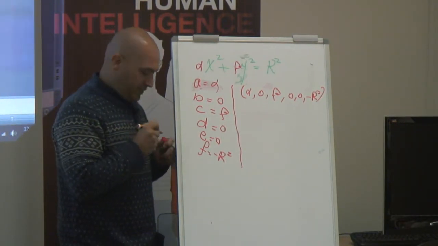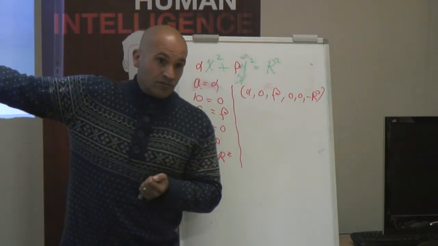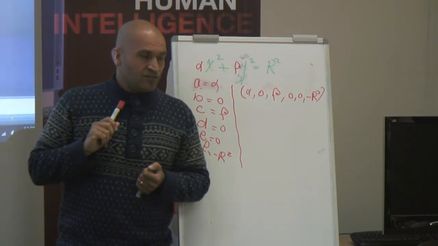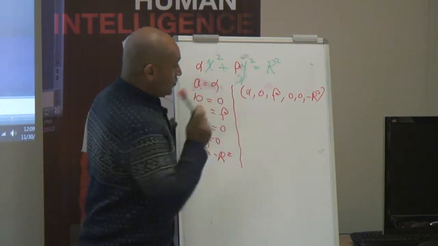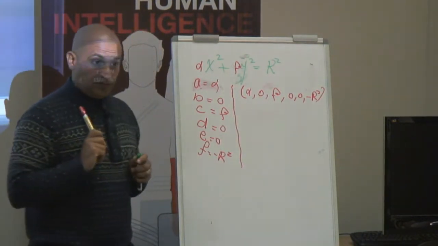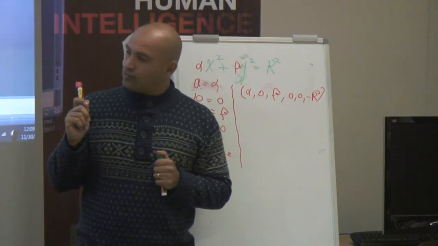So I write this as a vector of how many dimensions? 5 dimensions. The same way I can write an ellipse, which is what I will get from this quadratic equation.